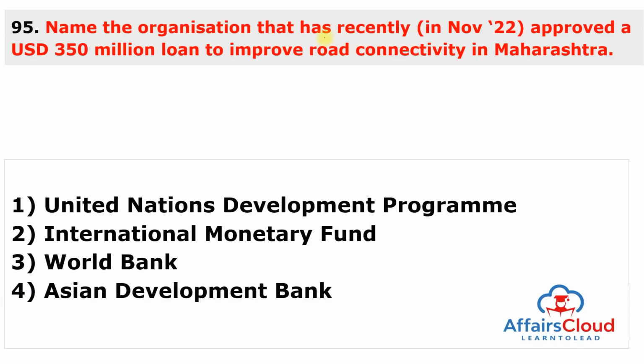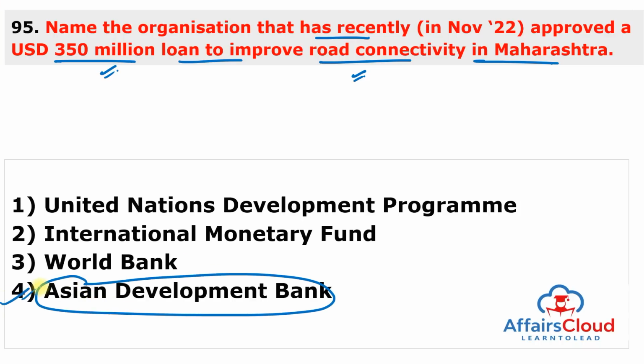Moving to next question. Name the organization that has recently approved a $350 million loan to improve the road connectivity in Maharashtra. This organization is Asian Development Bank. So answer of this question is 4.